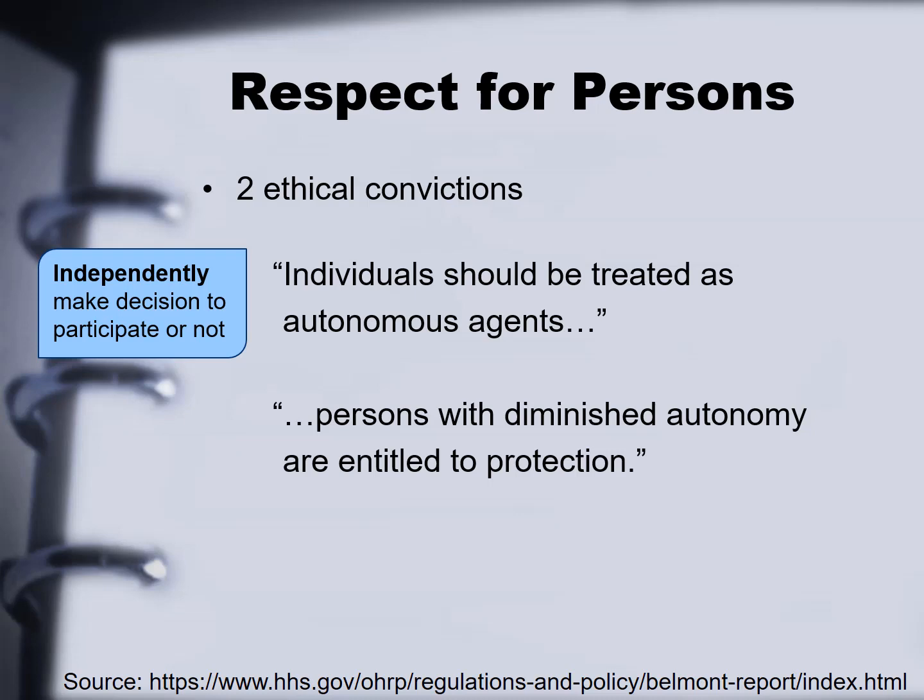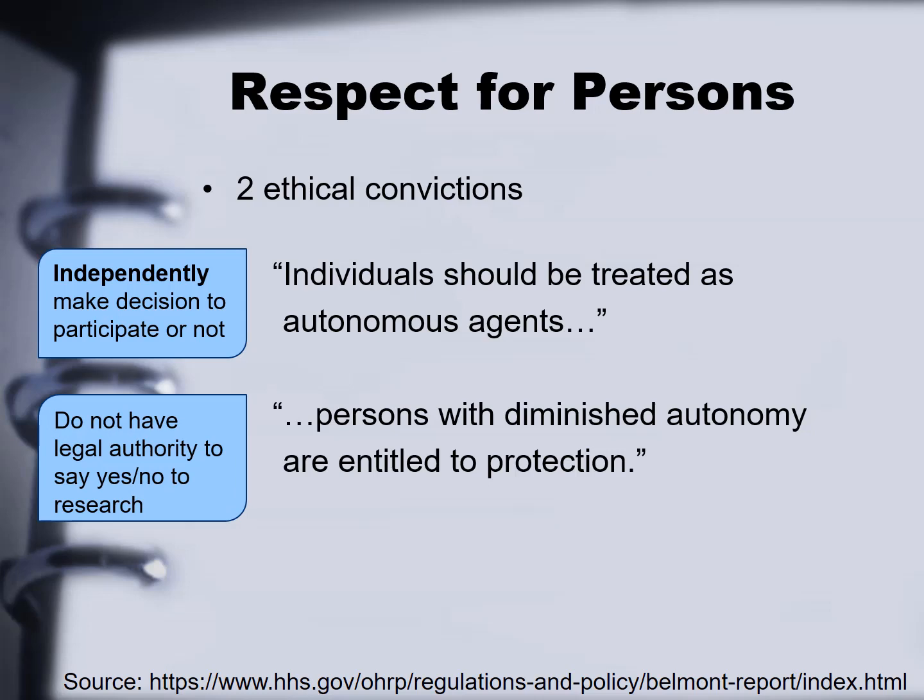Basically, it means to be able to independently make a decision about whether or not to participate in a research study. Now, this is referring to adults who have the legal authority to make decisions about themselves, in comparison to those who have diminished authority, who do not have legal authority to say yes or no to participation in research.